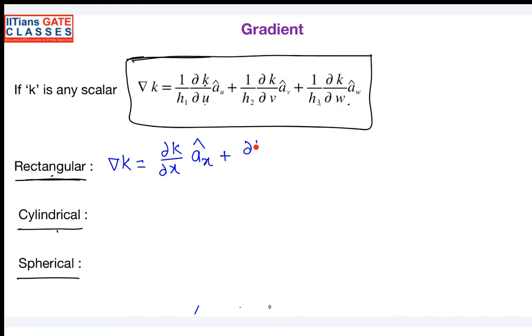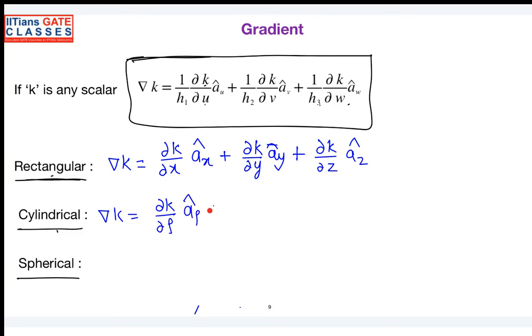Similarly, in case of cylindrical, what will happen? There is a change in rho. So dou k by dou rho, a rho cap, plus there is a change in phi. That means dou k by dou phi, and phi already has a scaling factor which is 1 by rho, into a phi cap, plus h3 will be 1 in cylindrical. So dou k by dou z, az cap.